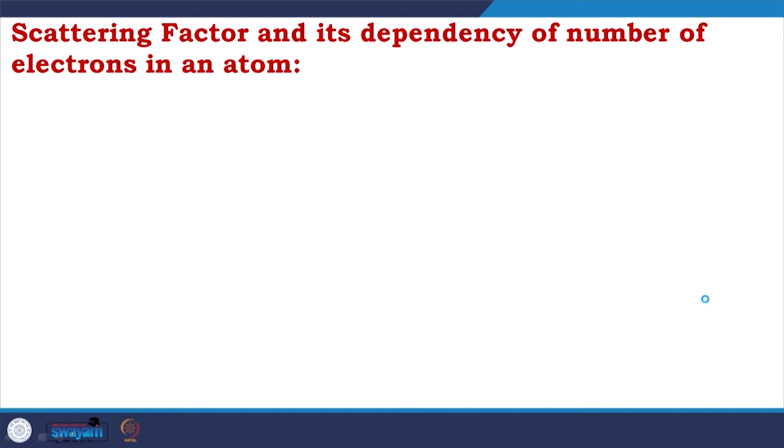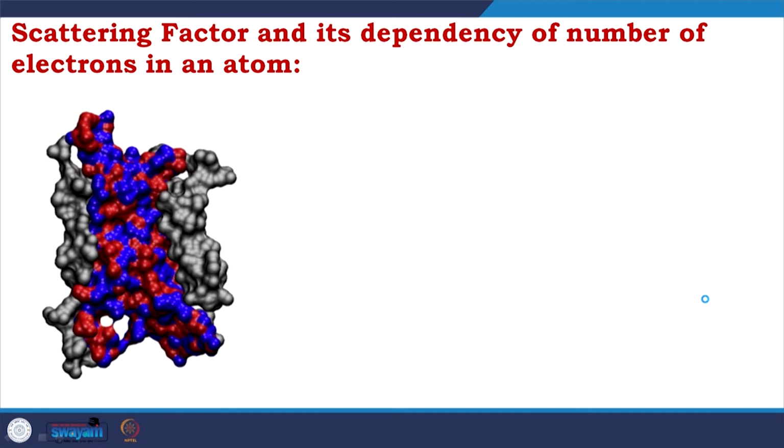Here there is a very interesting fact to discuss. This is a protein structure, and if you look at it, you will see that it has carbon, nitrogen and oxygen. They are the main components. Hydrogen is there, but when we are considering the scattering, we are not considering hydrogen as a candidate.